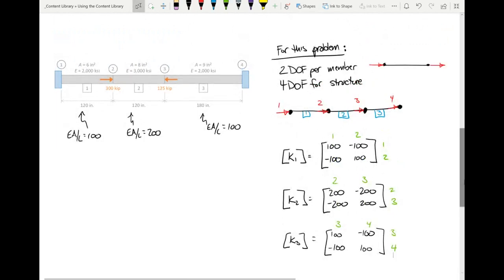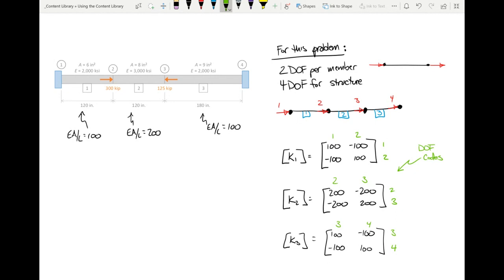Does this make sense, this concept? These little numbers are called DOF codes. Now, Mr. Enoch asked how it can be more than 2 by 2.